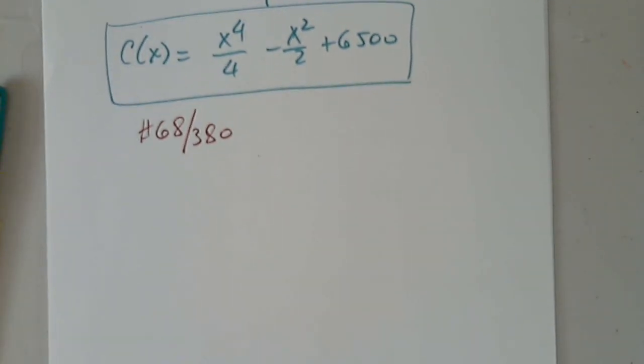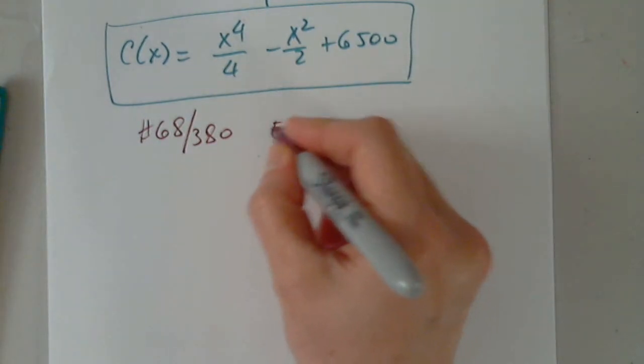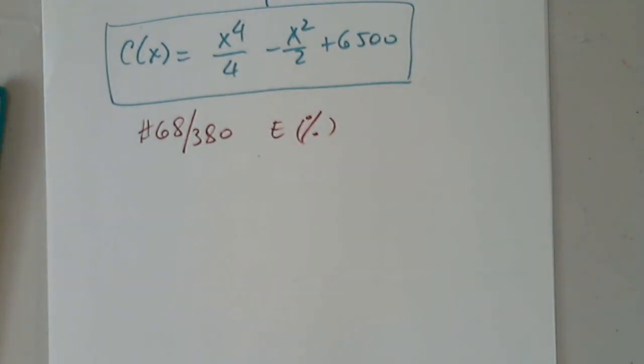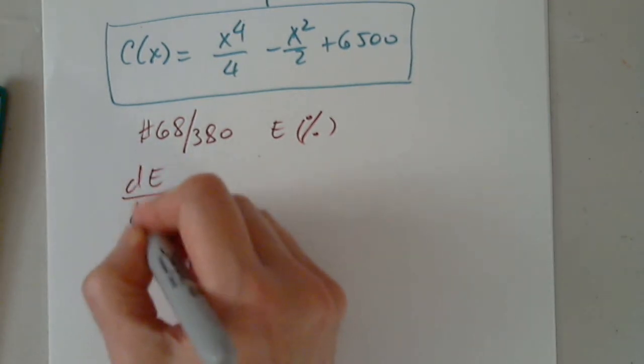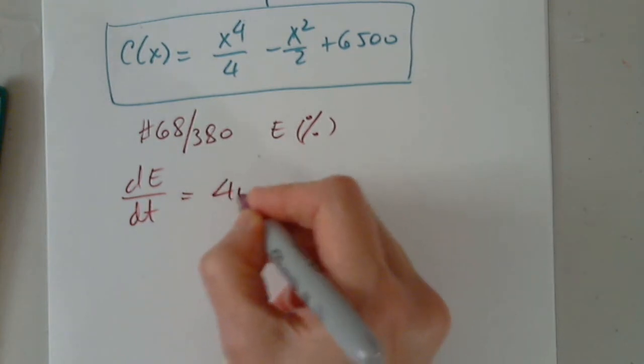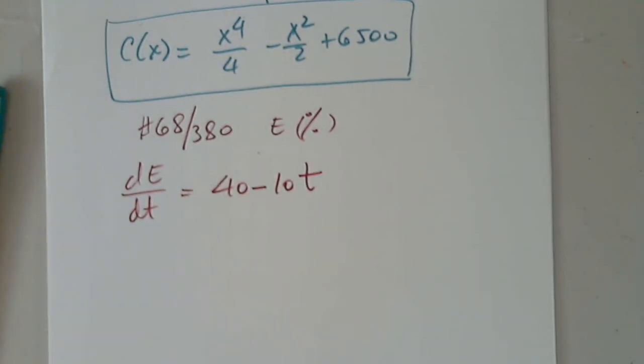It's all about efficiency of a machine operator. The rate at which a machine operator's efficiency, E, expressed as a percentage, changes with respect to time is given as dE over dt equals 40 minus 10t. T is the number of hours the operator has been at work.